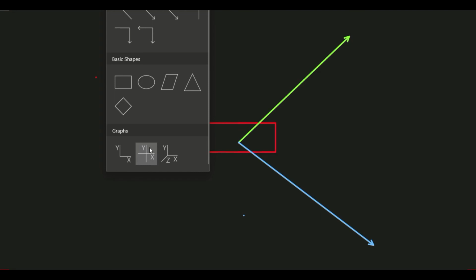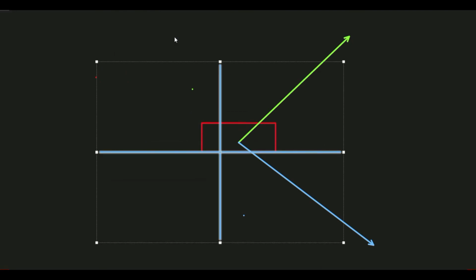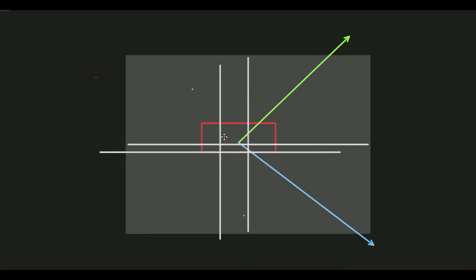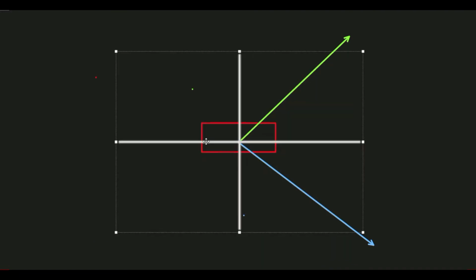Now, if I draw a graph like this, suppose it's here. Let's think that it's acting on a point. These two forces are acting on a small point, a small ball, for example, which is here.